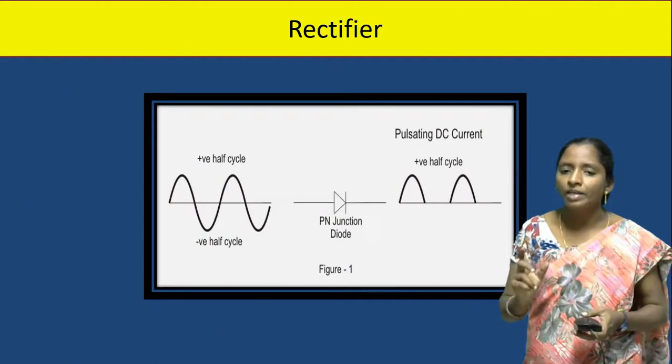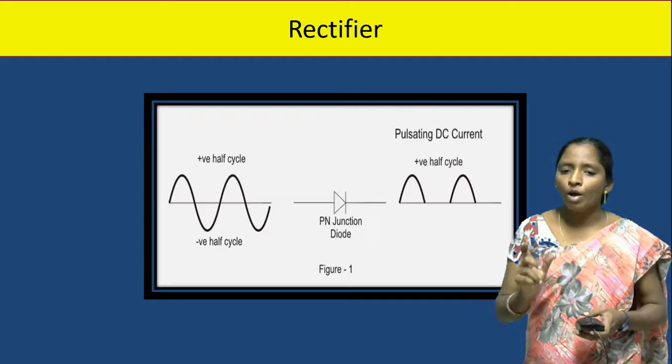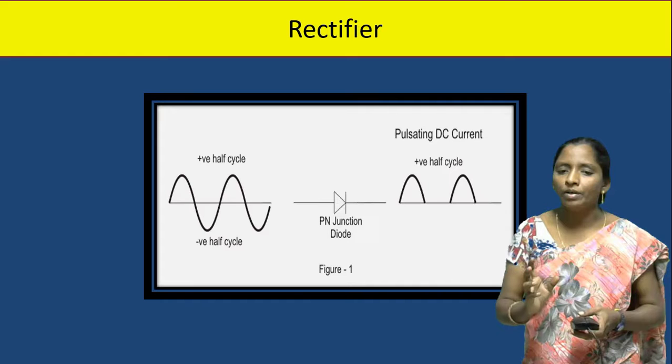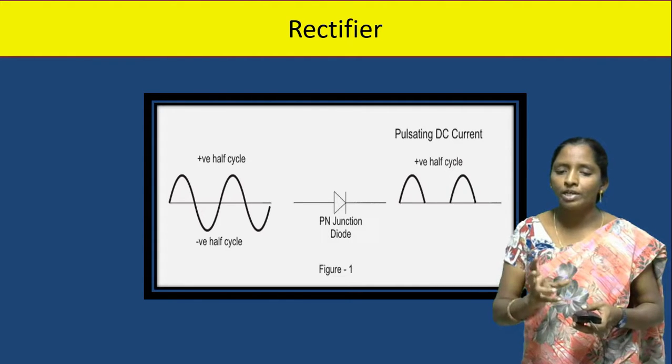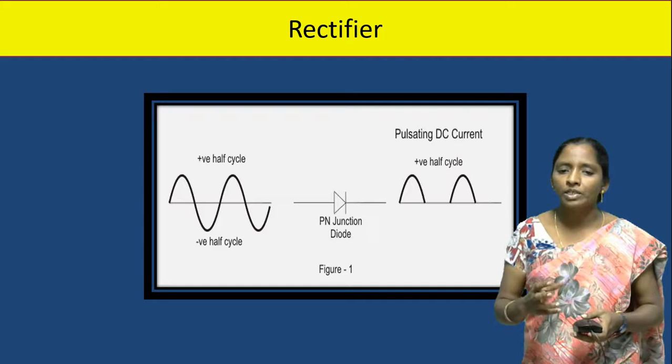Here we are using a PN junction diode as the component. We are giving AC voltage to the PN junction diode, that means step down or low AC voltage. We know the properties of the PN junction diode.